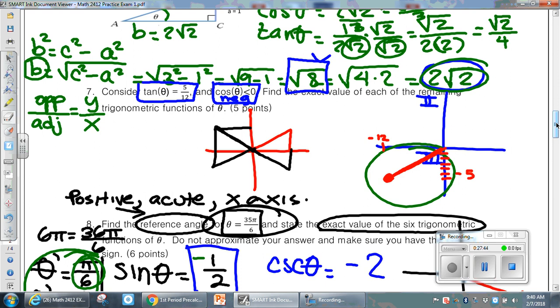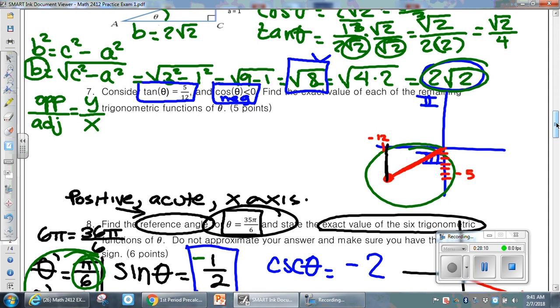Do you guys see that circle right there? It's just like bow ties or butterflies. So you connect the origin to your point, and then instead of connecting it to the y-axis, because that would look like a flag, you connect it to the x-axis, like that. Then you have your triangle to work with.